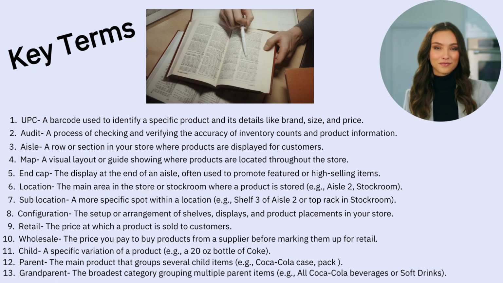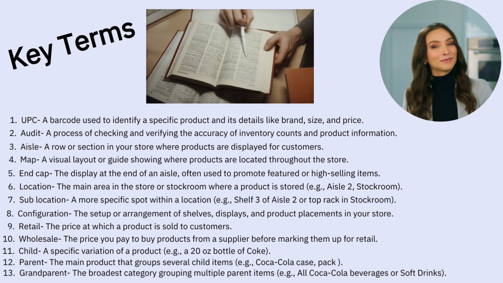Sublocation, a more specific spot within a location, for example, shelf 3 of aisle 2 or top rack in stockroom. 8. Configuration, the setup or arrangement of shelves, displays, and product placements in the store. 9. Retail, the price at which a product is sold to customers. 10. Wholesale, the price you pay to buy products from a supplier before marking them up for retail.